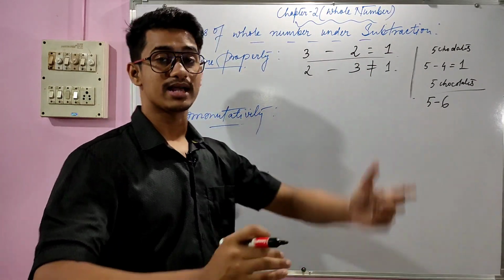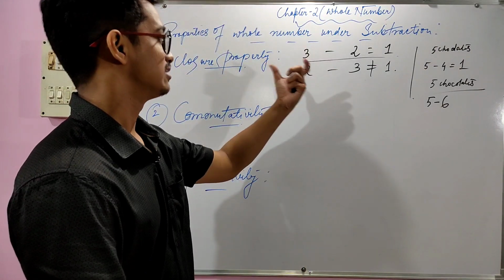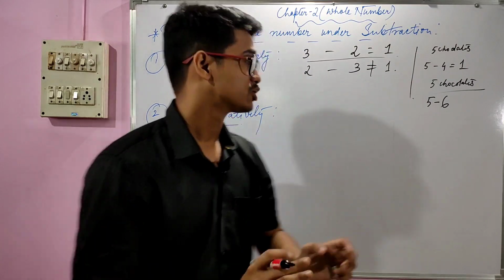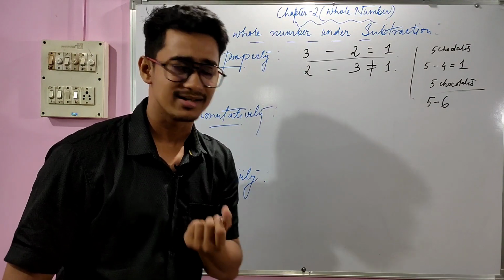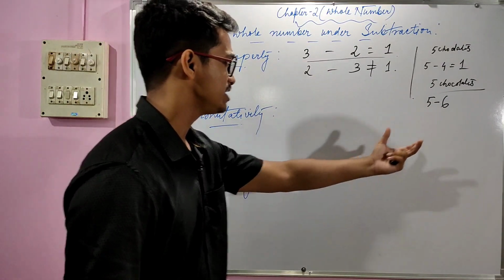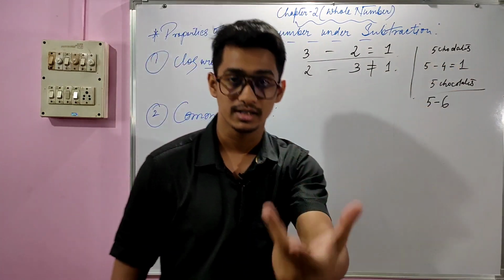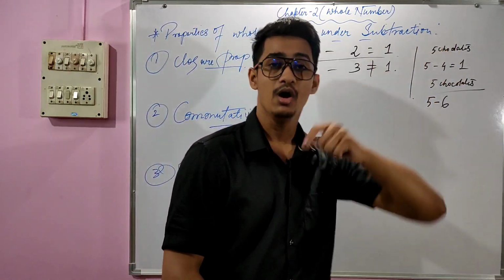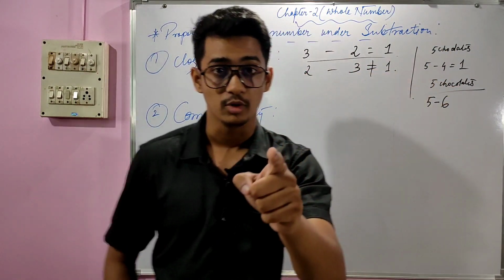That sort of number is a totally different form of number, right? This type of number is not going to be discussed in class 6, so we just stop at this part. You just understand that when I'm talking about 5 chocolates and I demand 4 chocolates, you can give me easily because 1 chocolate will remain. But if I demand 6 chocolates from you, you can't give.